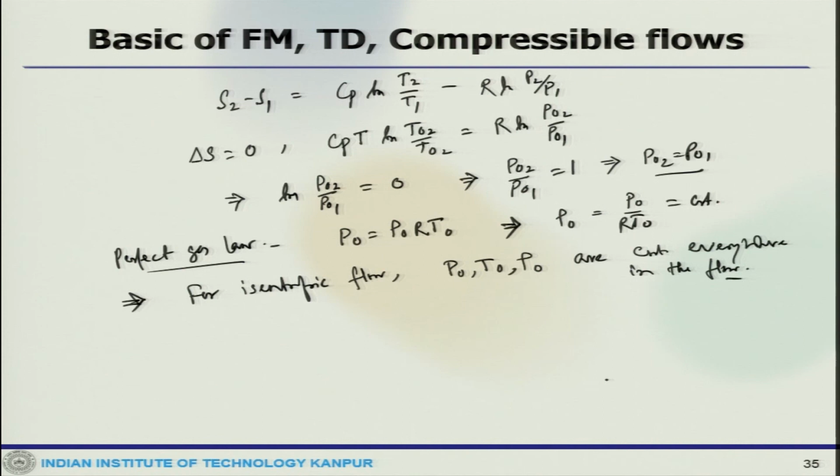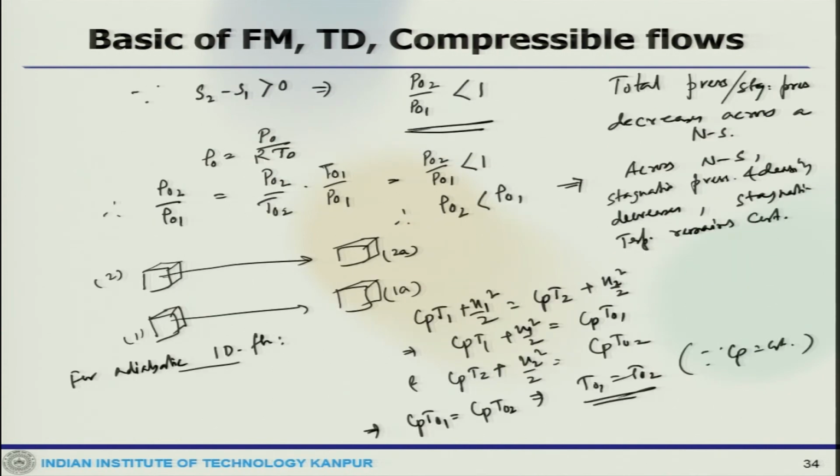Whenever you have an isentropic flow, your stagnation properties remain constant everywhere, but whenever you have a stationary normal shock, and again I am reiterating that it is a stationary normal shock, then your stagnation density and stagnation pressure decrease, but stagnation temperature only remains constant.